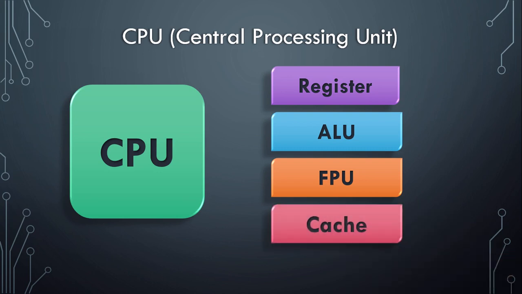Coming to the next component, that is the cache. The cache is usually used by the CPU for faster processing. It stores recently used information so that it can be quickly accessed at a later time. So computers incorporate several different types of caching in order to run more efficiently, thereby improving the performance.